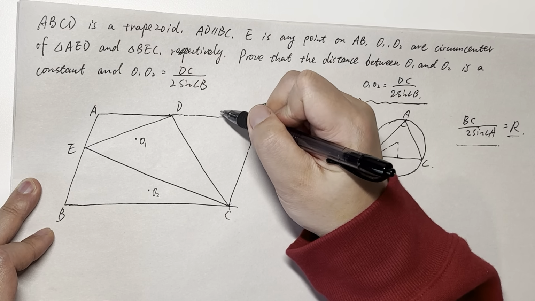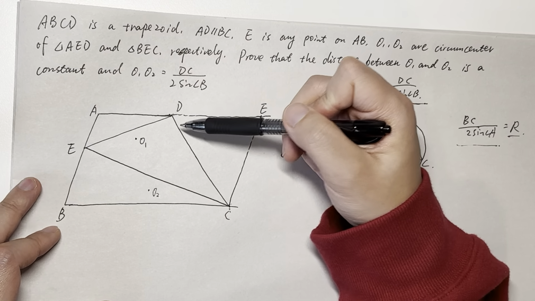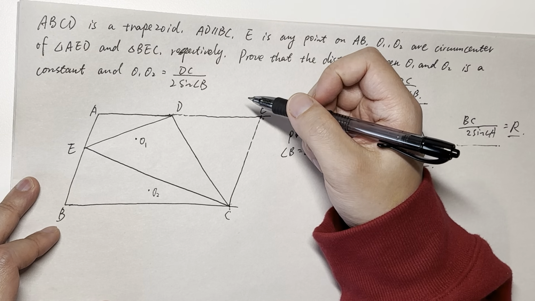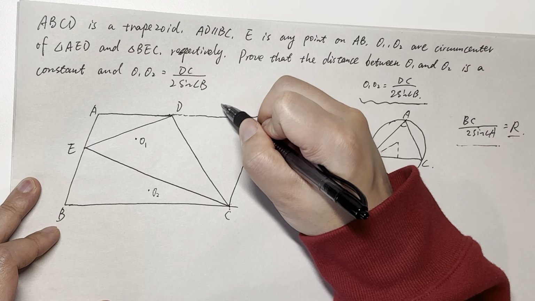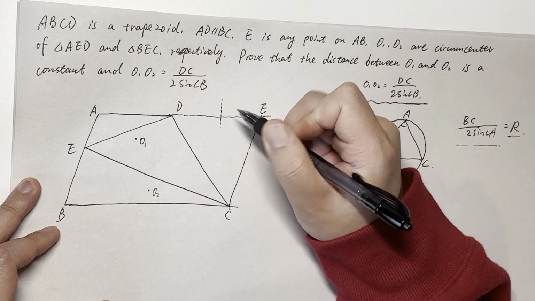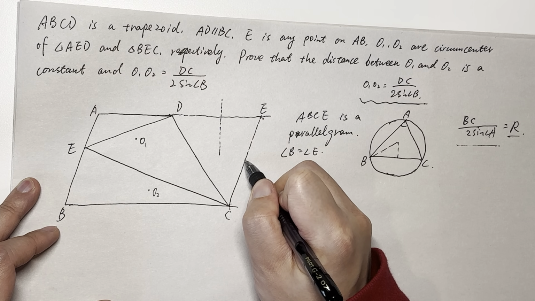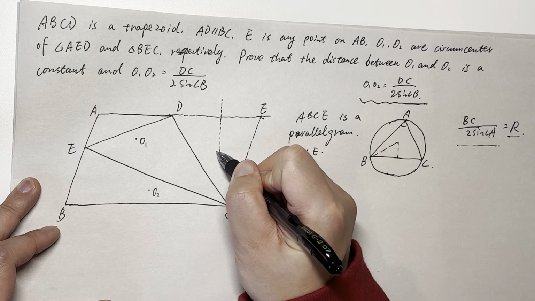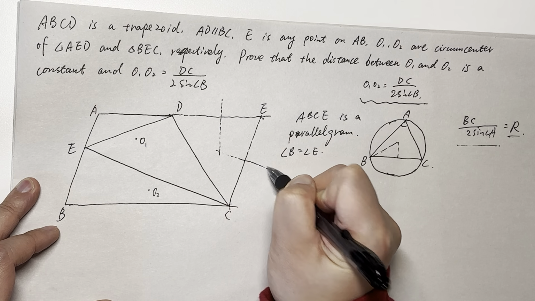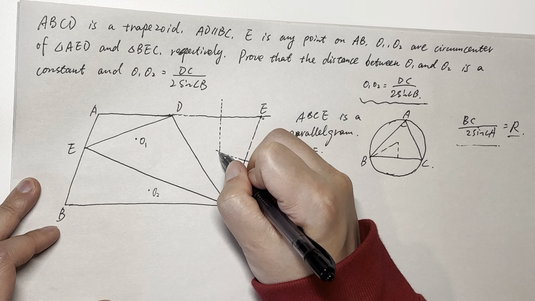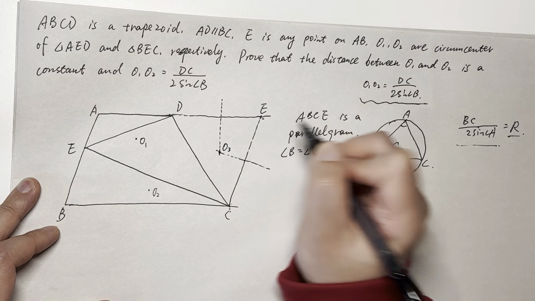So let's just find the circumcenter of the triangle DCE first. So we can draw a perpendicular bisector line here, and then we draw another perpendicular bisector line here. We find this point. Let's call it O3.